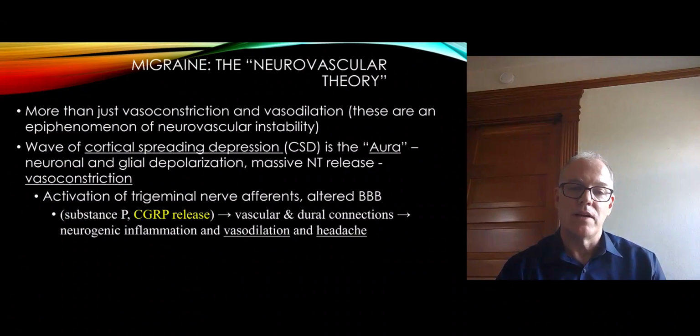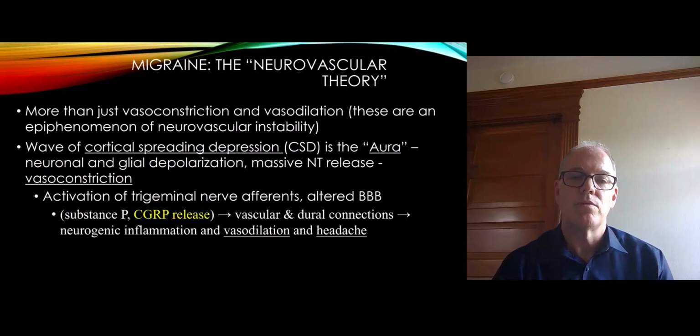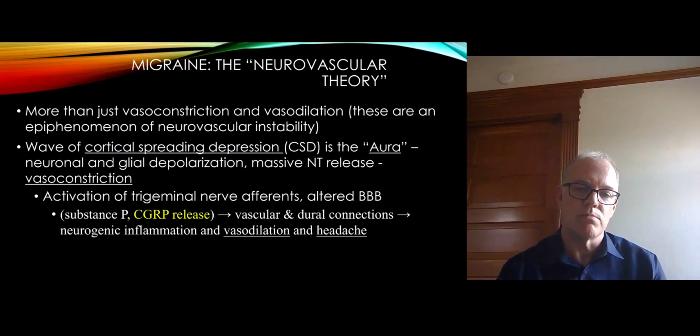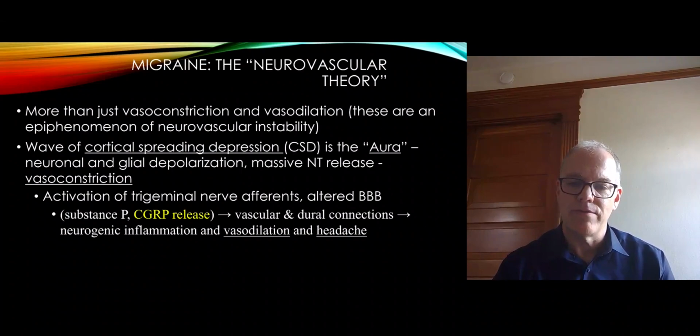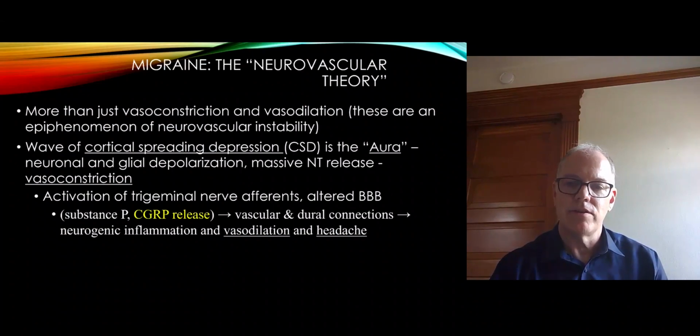Or patients can have a hemiplegia, or any variety of things depending on what area of the brain is involved. But visual is most common. This cortical spreading depression appears to intensely activate trigeminal nerve afferents, and you actually have a disruption of the blood-brain barrier in this process.